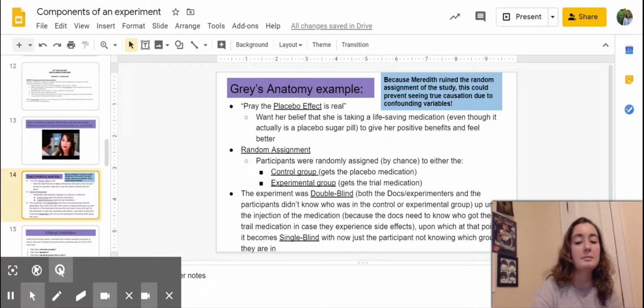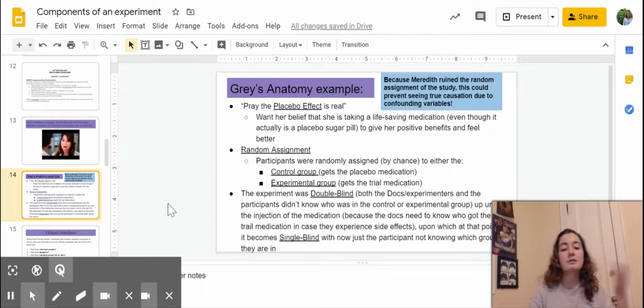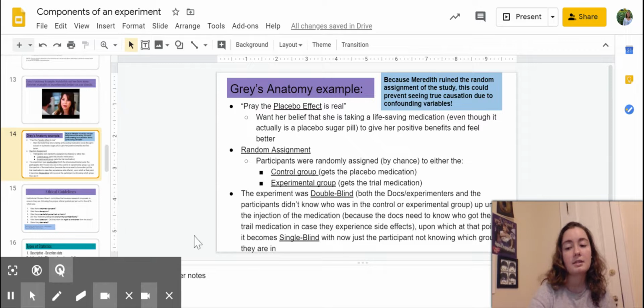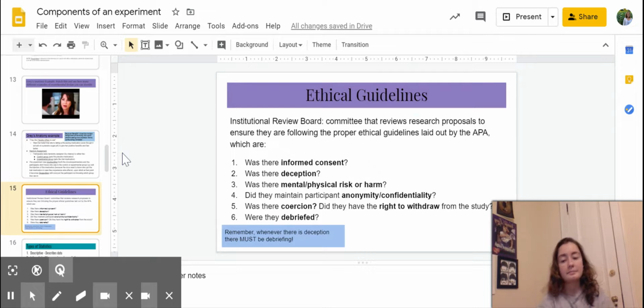So at that point, it becomes single blind, because now the doctors, the researchers know which groups the people are in, but the participants still do not know which group they're in. So it's a single blind study. So because Meredith ruined the random assignment, this now would act as kind of a confounding variable and could potentially ruin their ability to take their results and prove causation.